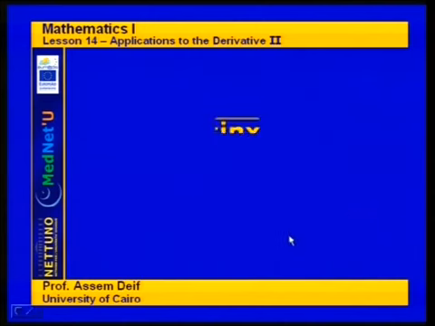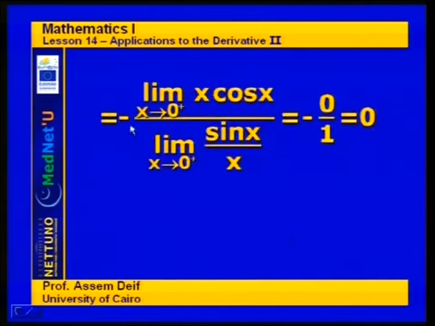When x tends to 0, you get 0 here, because this is 1, this is 0. We know the limit of sine x over x, and you still can apply L'Hopital's rule here. But since this tends to 1, you get 0 over 1, you get 0. This 0 is the limit of x ln sine x, which is the limit of ln y. But you don't want the limit of ln y. You need the limit of y, which is sine x to the power x.